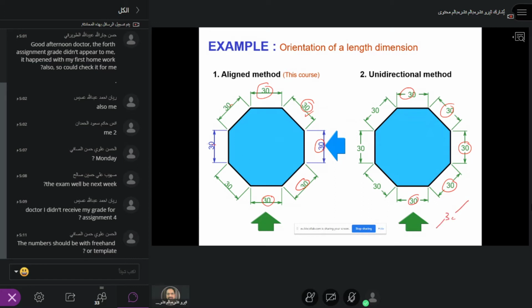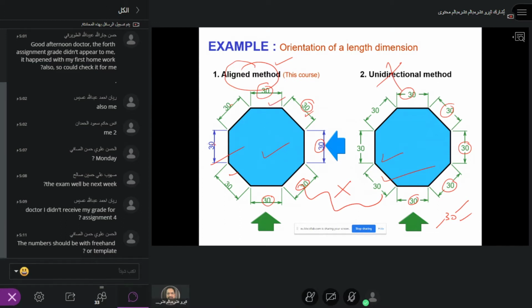This is okay, right? So either this method or this method. Never combine these two together. If you use this method for your drawing, use it throughout the drawing. If you combine them, you will be penalized. By default, for this semester, for this course, we are using the aligned method, not the unidirectional method. So I would suggest everyone use this method.